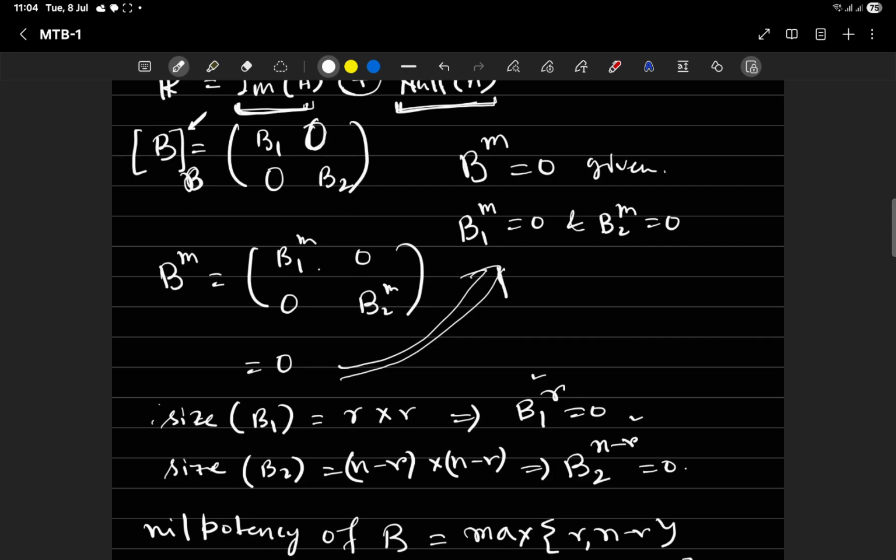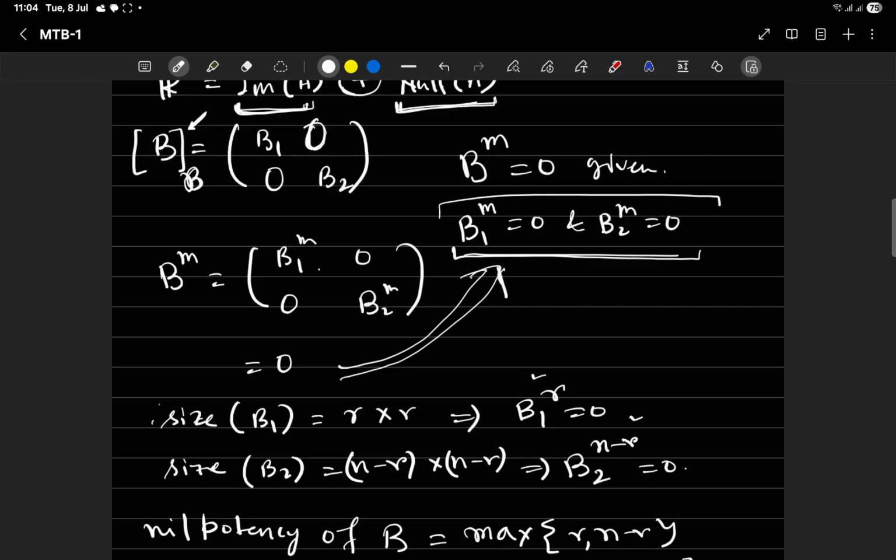Yes, this is true, but what does that mean? The eigenvalues of B1 and B2 are all 0, which implies they are nilpotent matrices, and for any nilpotent matrix, since all eigenvalues are 0, the characteristic polynomial must be x to the power of the size.